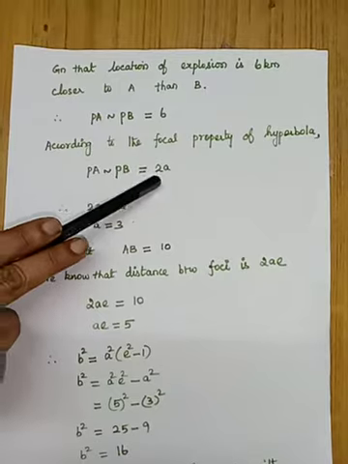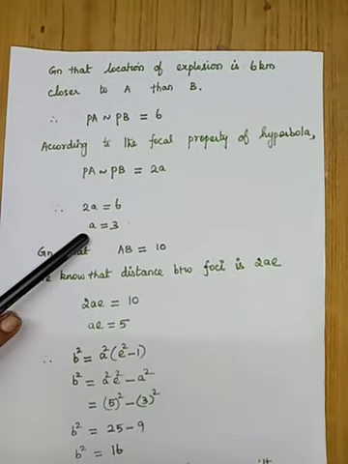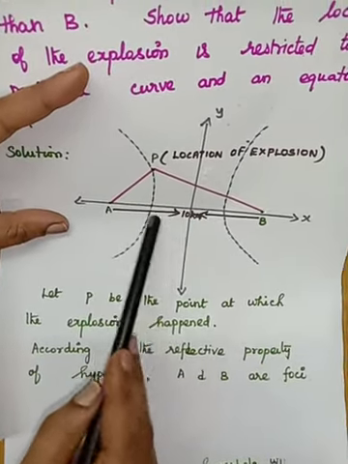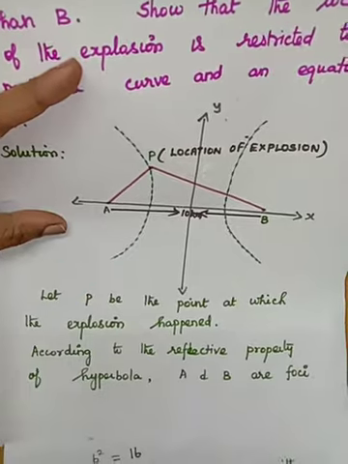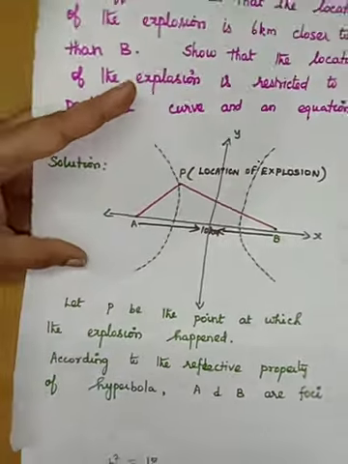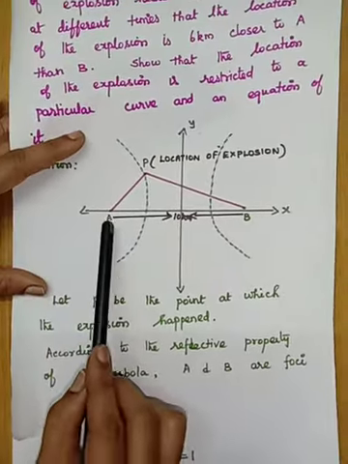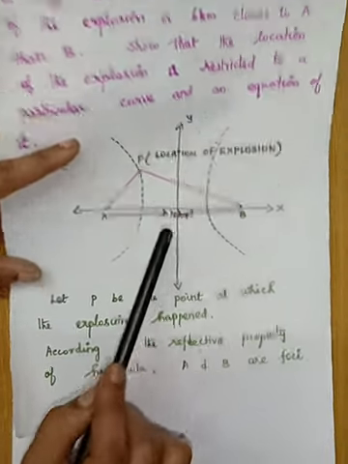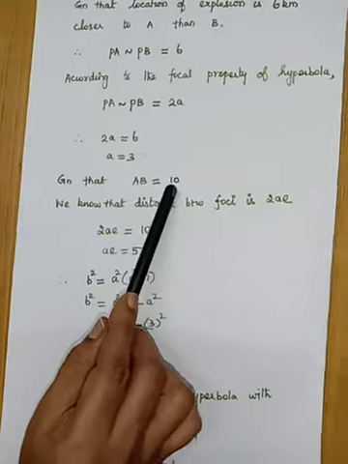So 2a is equal to 6, and from that a is equal to 3. The distance between these 2 points is given as 10 kilometers, so AB is equal to 10.